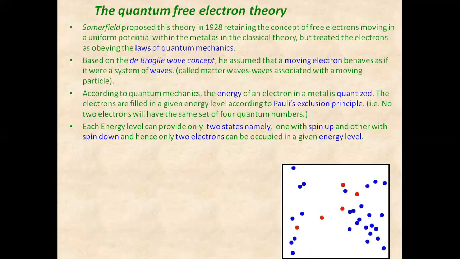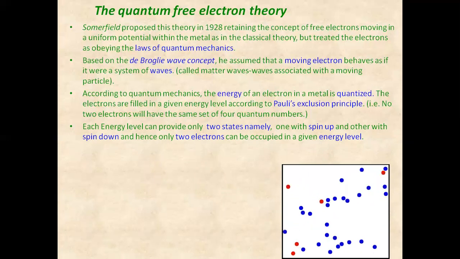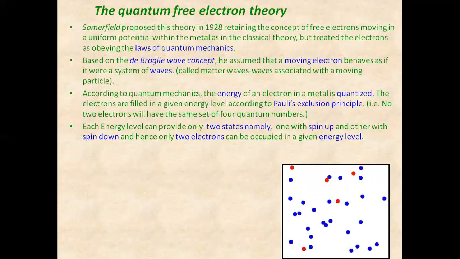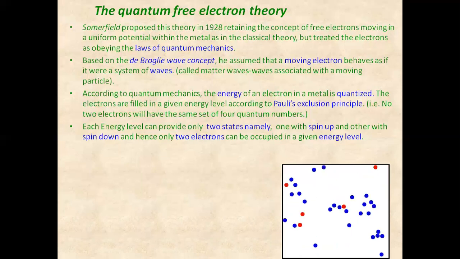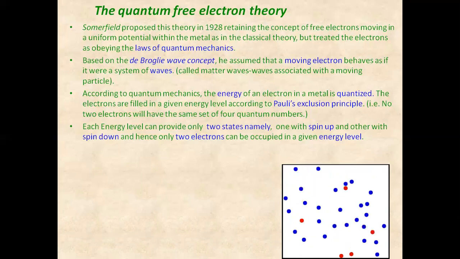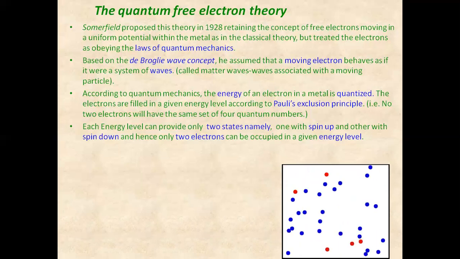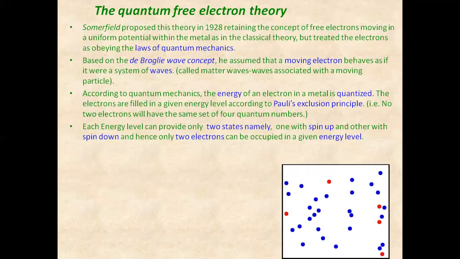So in the quantum free electron theory, according to Pauli's exclusion principle, two electrons occupy a given energy level, but they have opposite spins even though they have the same magnitude.